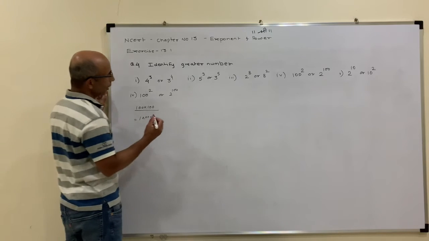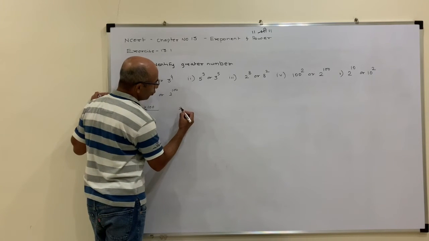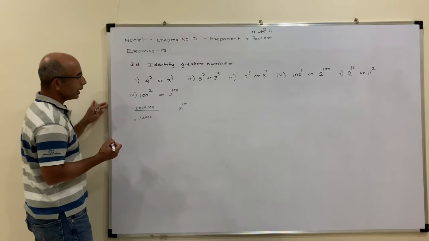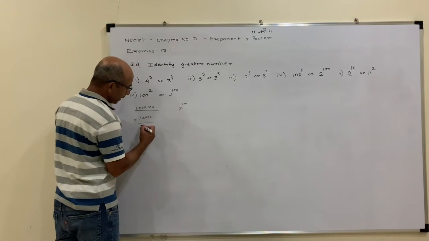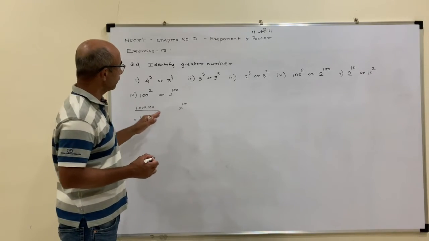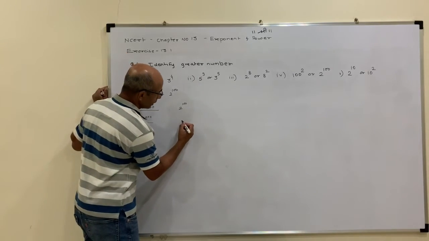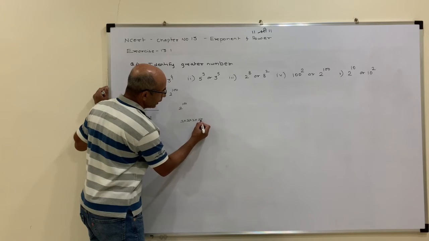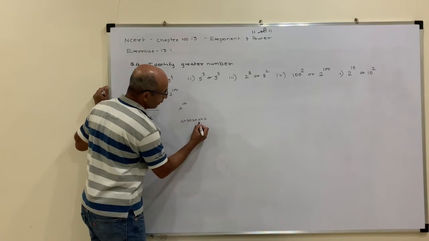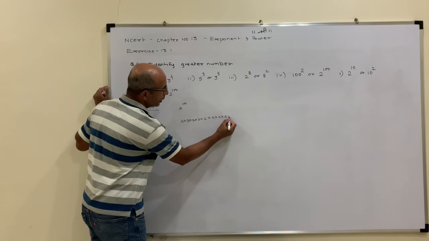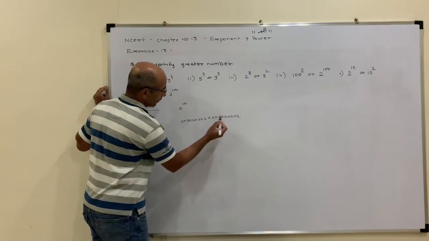Now 2 raised to the power 100, obviously that number is going to be greater than this one. If you see 2 raised to the power 10: 2 into 2 into 2 into 2 into 2, 1, 2, 3, 4, 5, 6, 7, 8, 9 and 10.